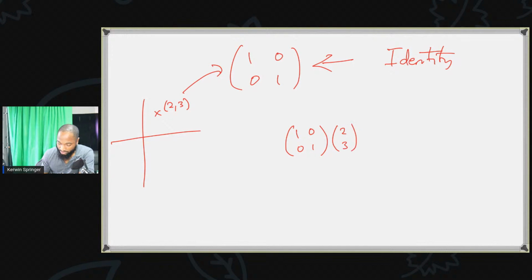I had to put it this way because these are 2 by 2 and this is 2 by 1, so you can multiply. You'll get back the same thing: 1 times 2 is 2, 0 times 3 is 0, then 0 times 2 is 0, and 1 times 3 is 3. So you get back 2, 3. That's the whole power of the identity matrix.